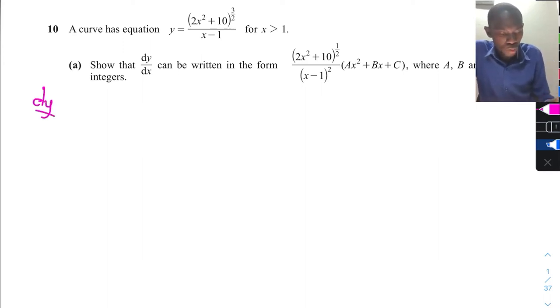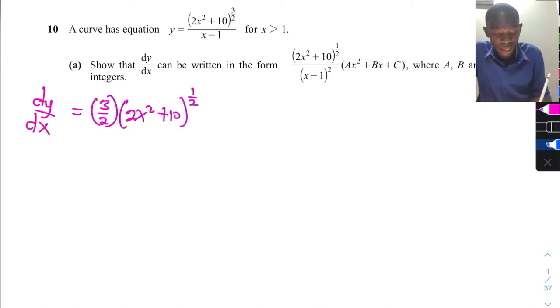So you do dy/dx equals, now the first thing is to differentiate the numerator. So this will be 3 over 2, then you have 2x squared plus 10. Then you subtract 1 from that power, and you'll be left with half. Then you go inside this particular bracket and differentiate this, and that should give you 4x. Then you bring the denominator.